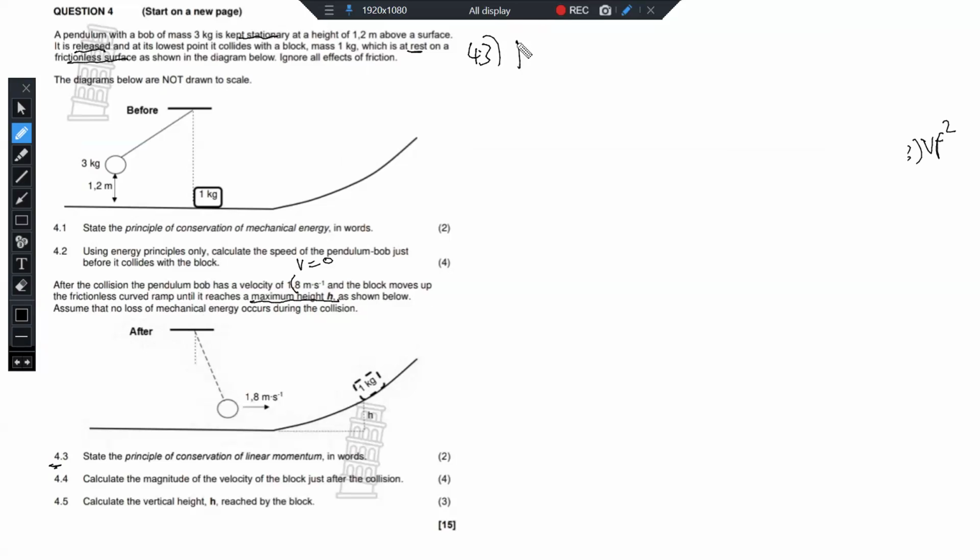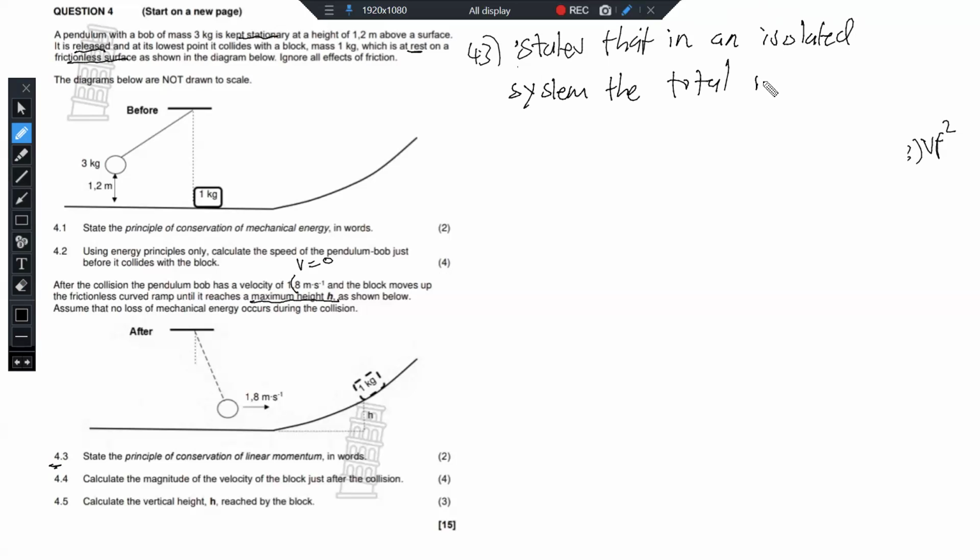And then we're just going to say the principle of conservation of linear momentum states that in an isolated system, the total linear momentum is conserved.